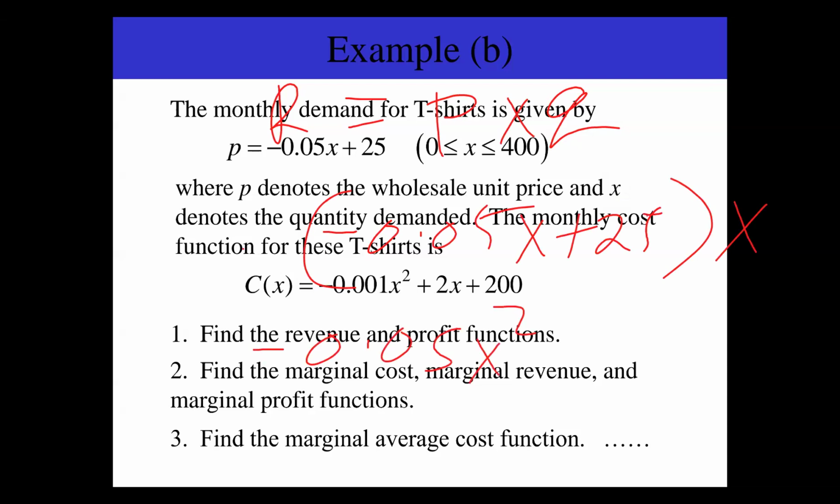Differentiate this function now to find the marginal revenue. So we'll have negative 2 multiplied by 0.05, which is 0.1, so negative 0.1x plus 25. That's the marginal revenue function.